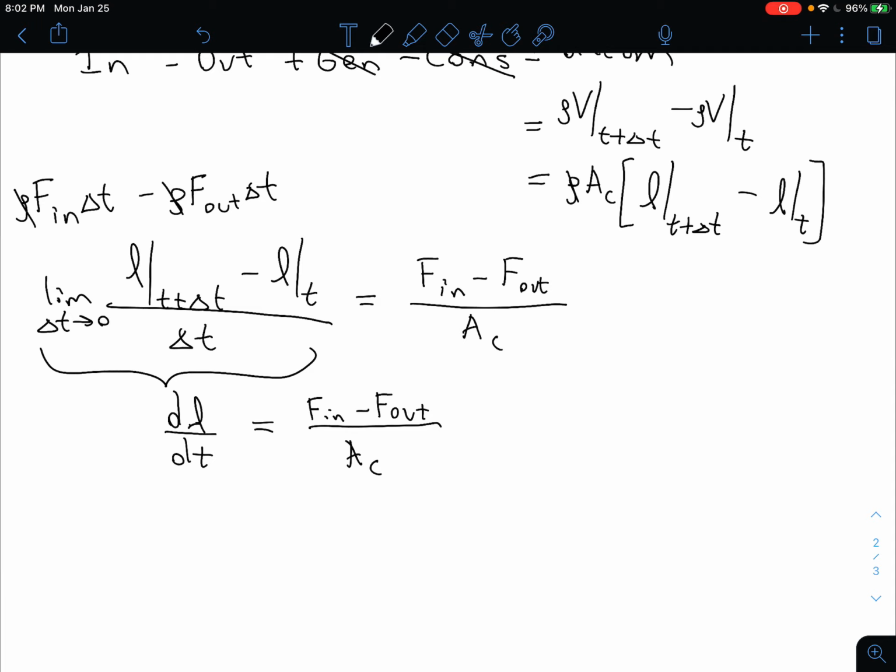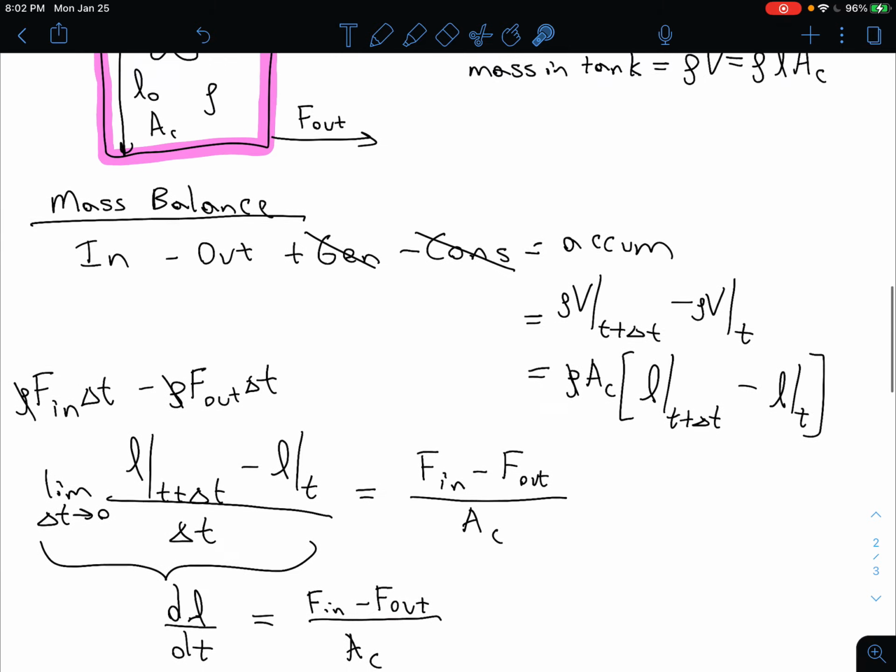So this was our purpose, to derive this equation. This is a differential equation that would allow me to calculate L as a function of time if I knew these quantities, F in and F out. By the way, I don't know if I stated this explicitly, but I've been assuming that F in and F out are constant.